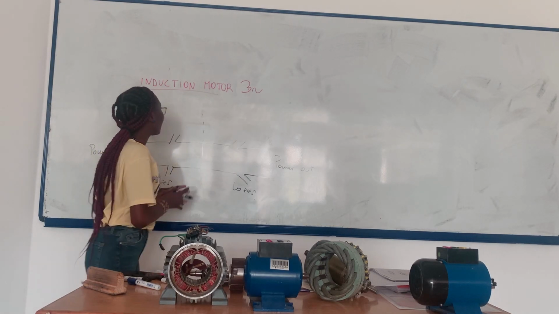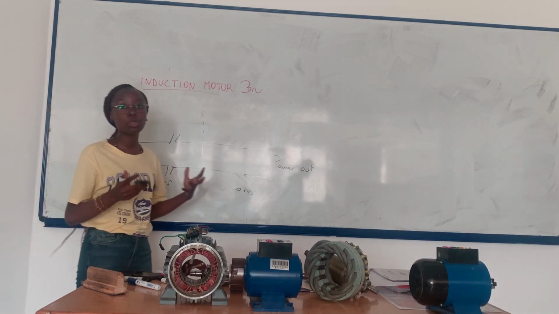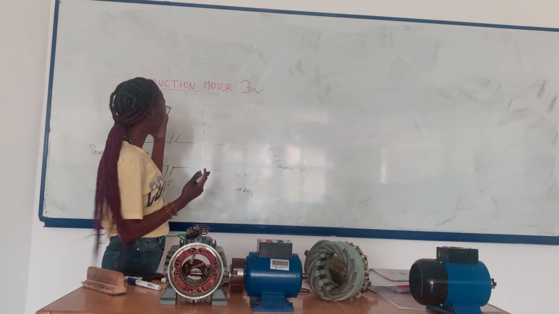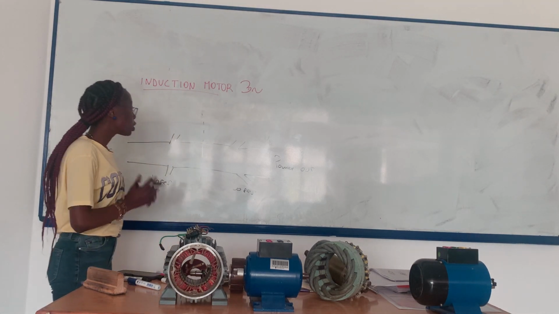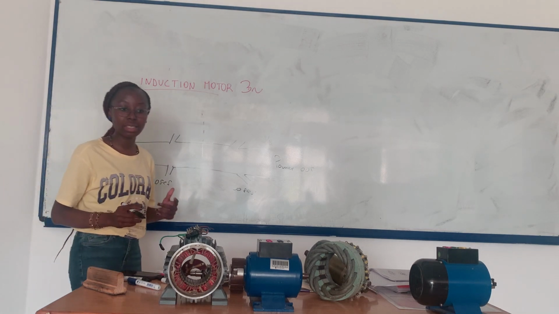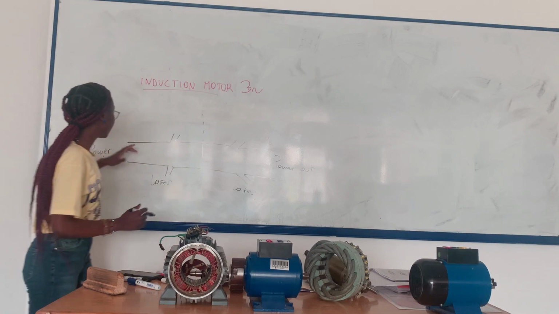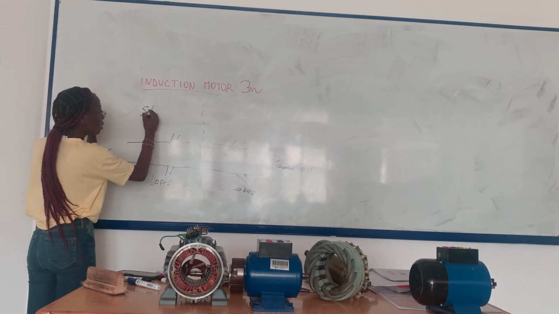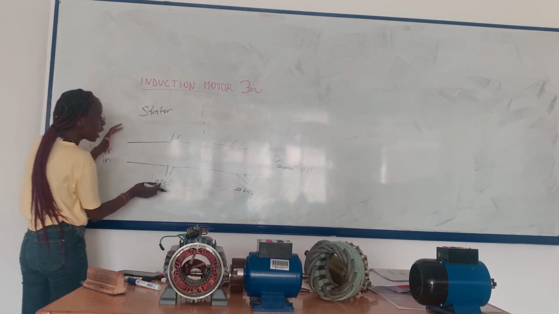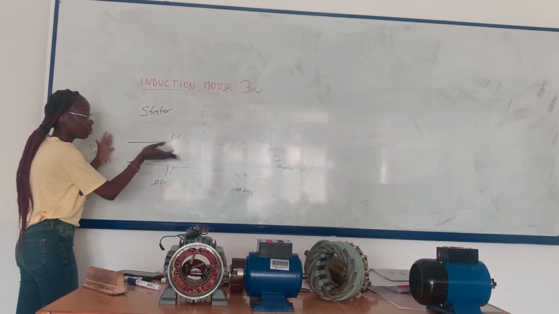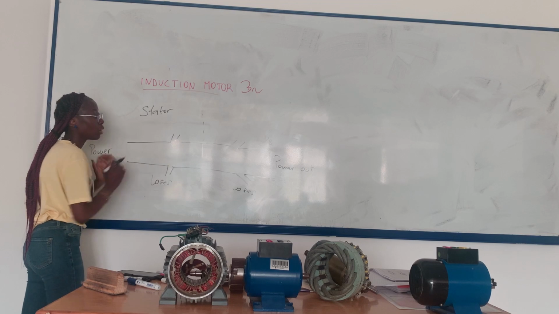So we can ask ourselves how we obtain the efficiency inside the 3-phase induction motor. As we know, at the beginning I said the motor has 2 main parts, stator and rotor. In the stator we have the power in. Power in is the power given to our stator.